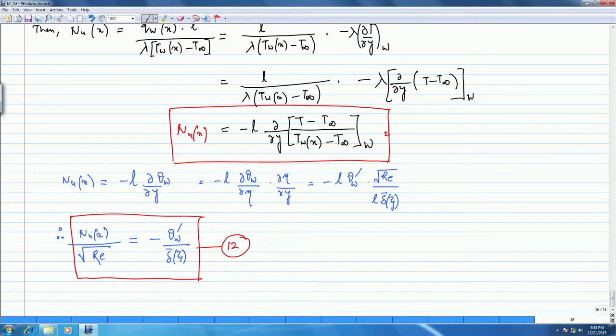And of course, we will have standard boundary conditions.